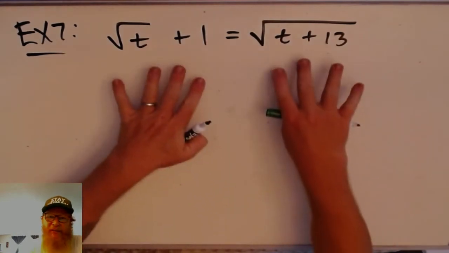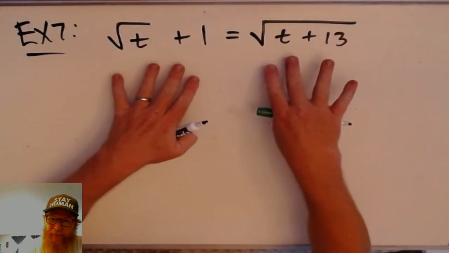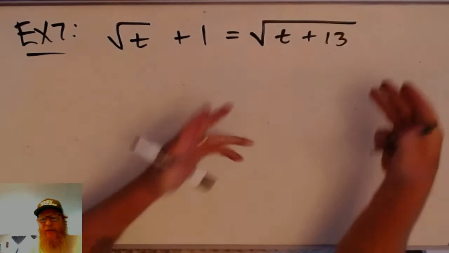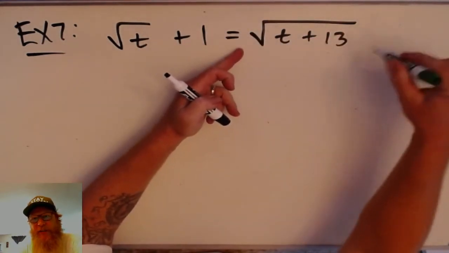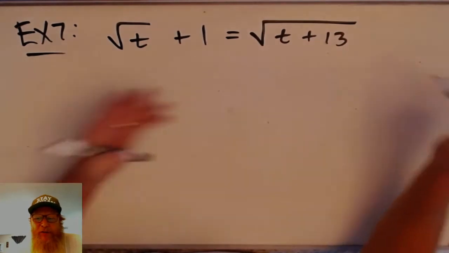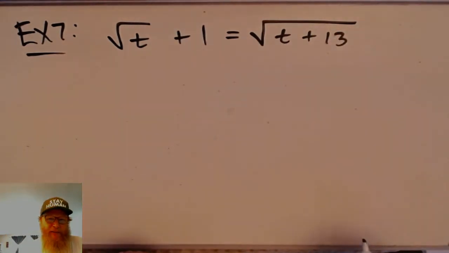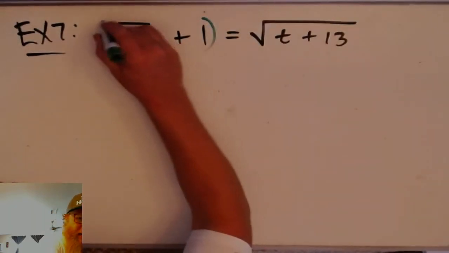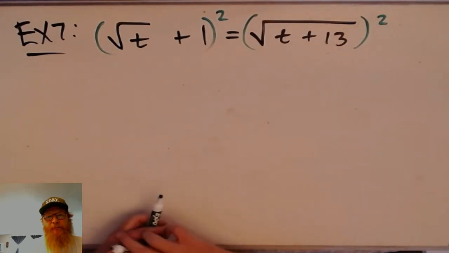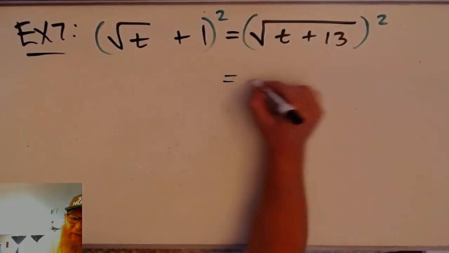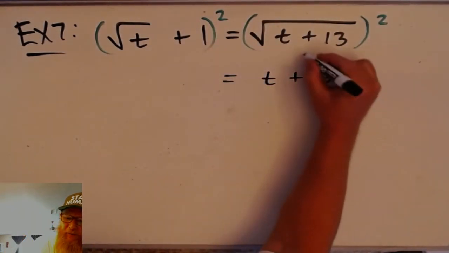Again, this one is all set up for you. It's ready to go. There's nothing outside the radical. There's no multiplications, no divisions, no additions and subtractions. The radical is completely isolated. So you can jump right in and square both sides. And again, be really careful.